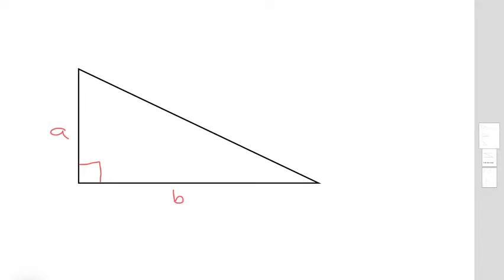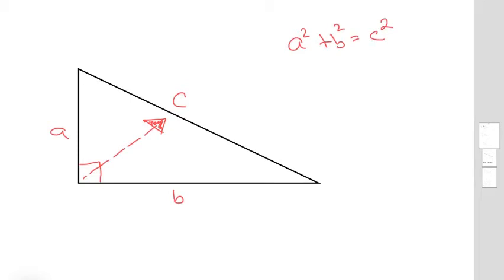a and b, and a and b really doesn't matter. The one that does matter is what you label c. c is always going to be across your 90-degree angle, or it's always going to be your longest side in a right triangle. And so from Pythagorean, we get a squared plus b squared equals c squared.